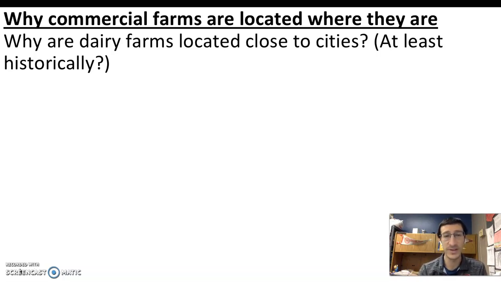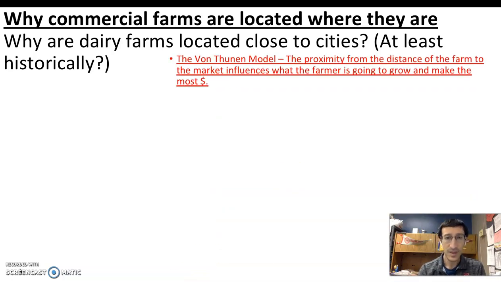So then we're using dairy farms as the example because it'll tie into the idea of a milk shed as well. So the von Thunen model is an agricultural model that shows the proximity from the distance of the farm to the market influences what the farmer is going to grow and make the most money.